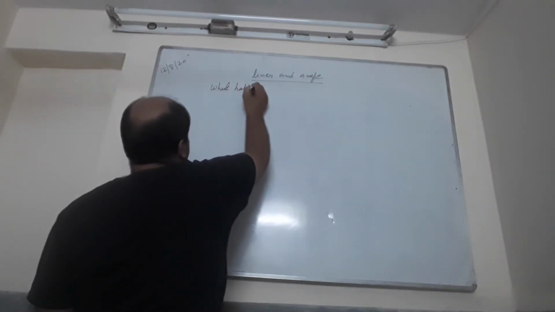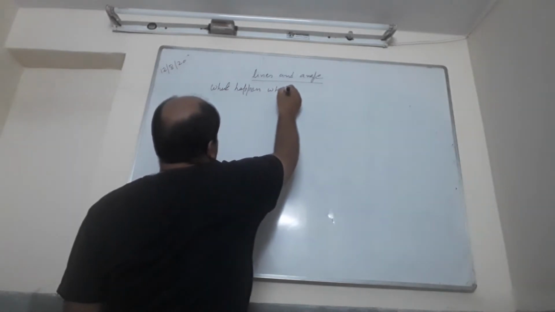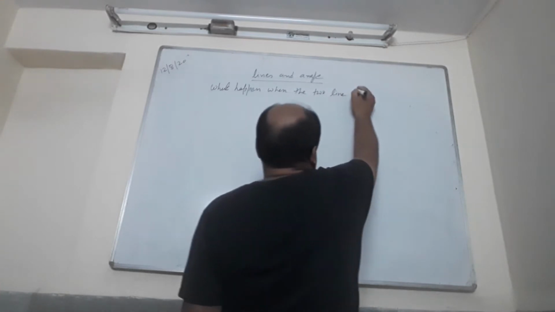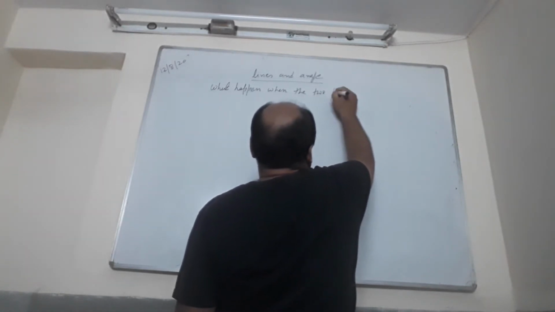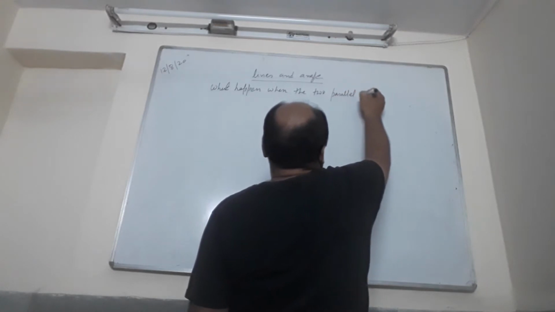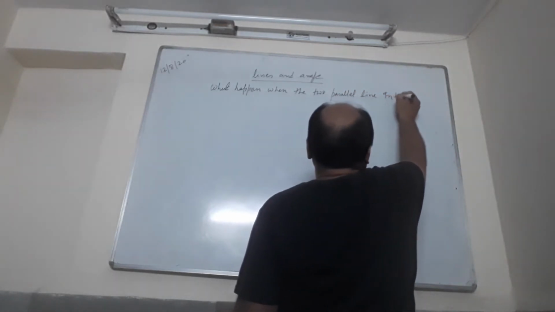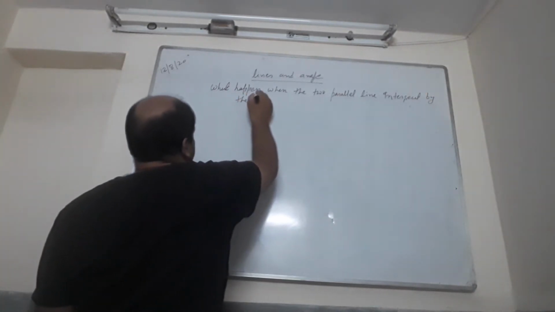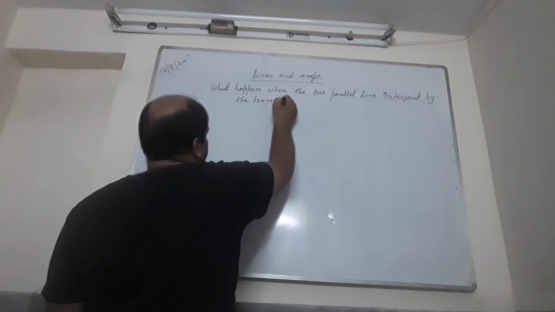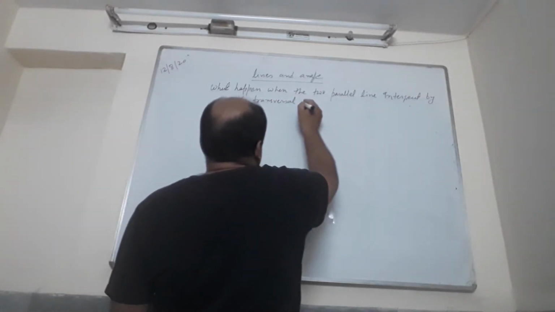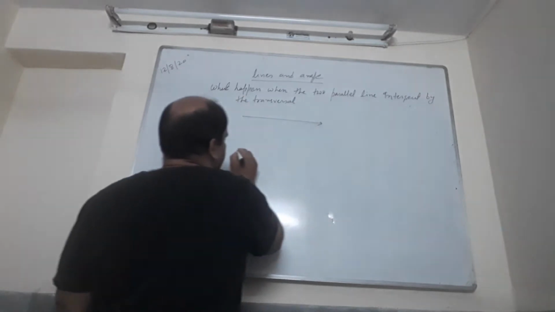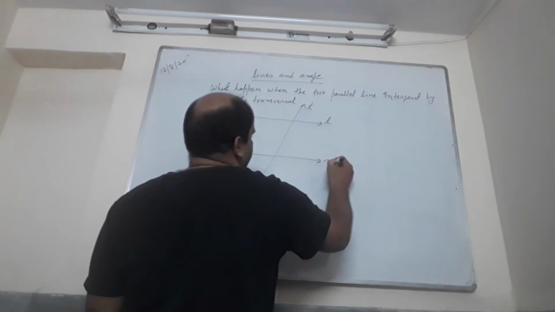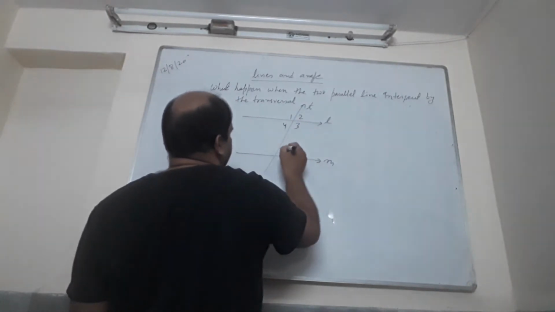Now see, these are the two lines and this is the transversal line. So we should write there are 8 angles formed.